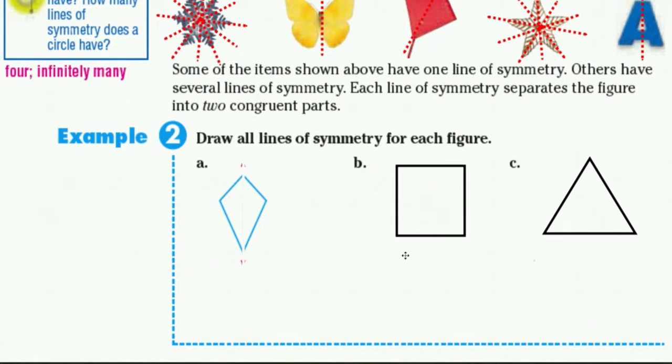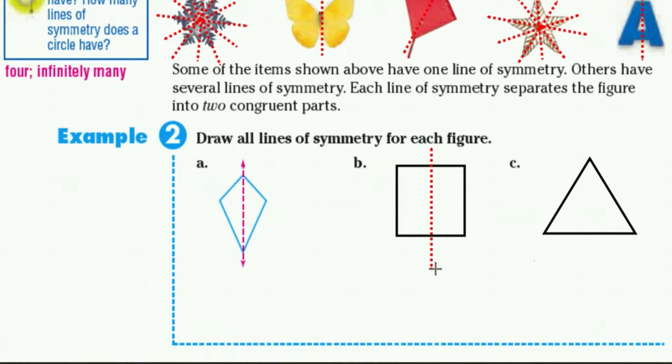So if you look at all the lines of symmetry for the kite right here, the kite has only 1 line of symmetry, because that's the only place where you can fold the kite and the two parts will be exactly the same and there will be no overlaps. For this particular square, the line of symmetry would probably be here.